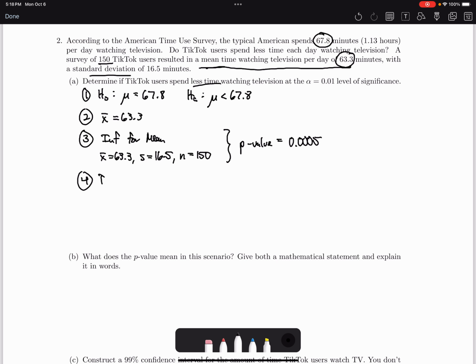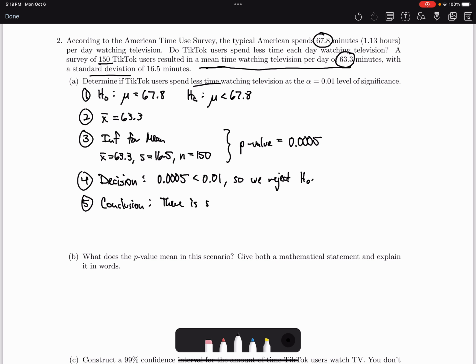And that is good enough, I think, to reject the null hypothesis, right? 0.0005 is indeed less than 0.01, so we reject H null. Okay, since we're rejecting the null, that means there's evidence to support the alternative, right?